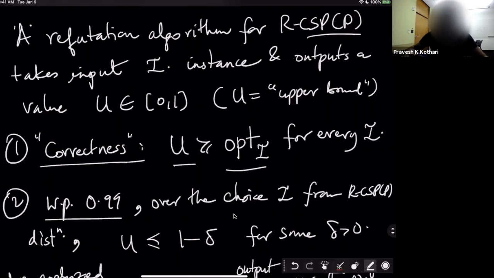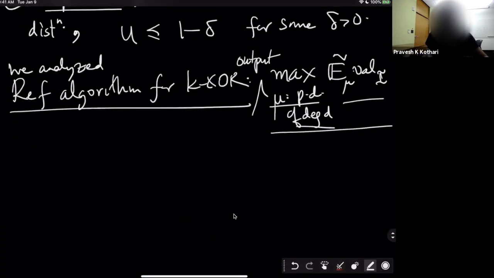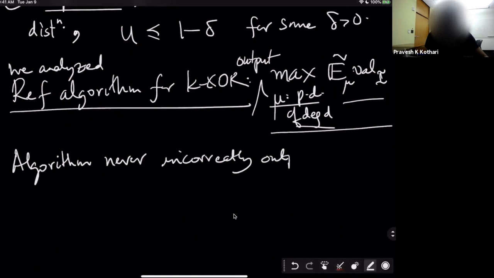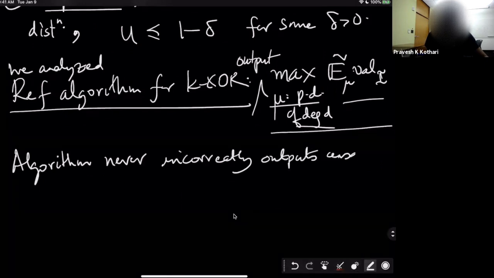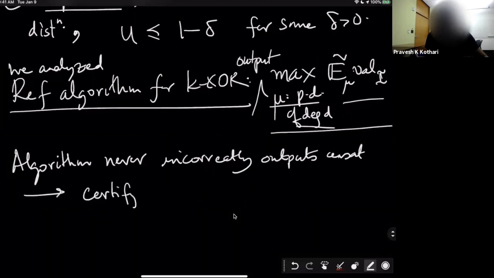this algorithm itself, so maybe I'll write this down. Algorithm never incorrectly outputs unsatisfiable. And that's why you could think of it as a certifying algorithm, because whenever it says that the instance is unsatisfiable, it is right.